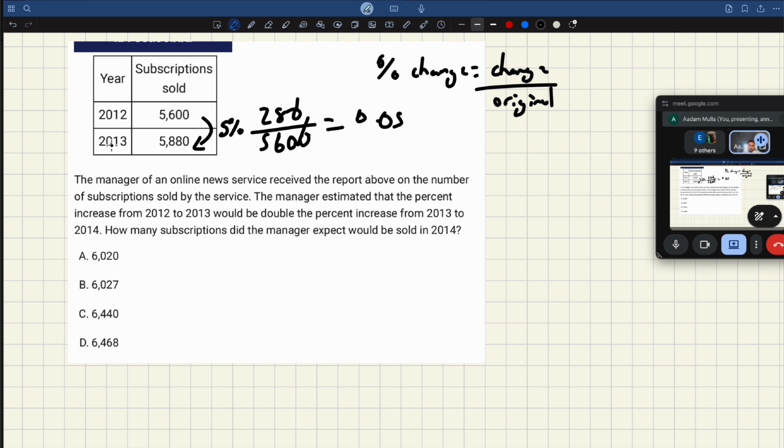From 2012 to 2013, it's a 5% increase, and the manager estimates that it's going to be double the percentage increase from 2013 to 2014. If you've got an answer for this one, you can put it in the chat. Let's see if anyone gets this one.